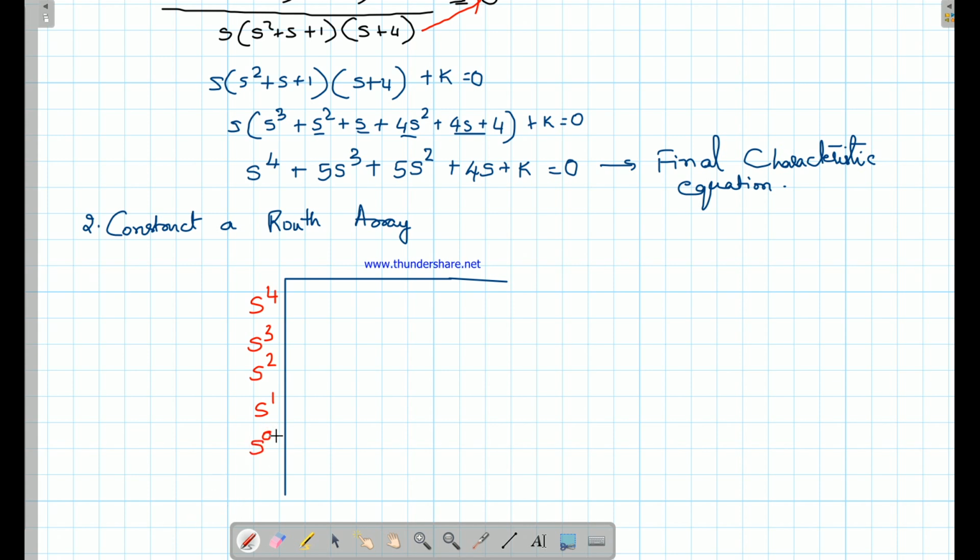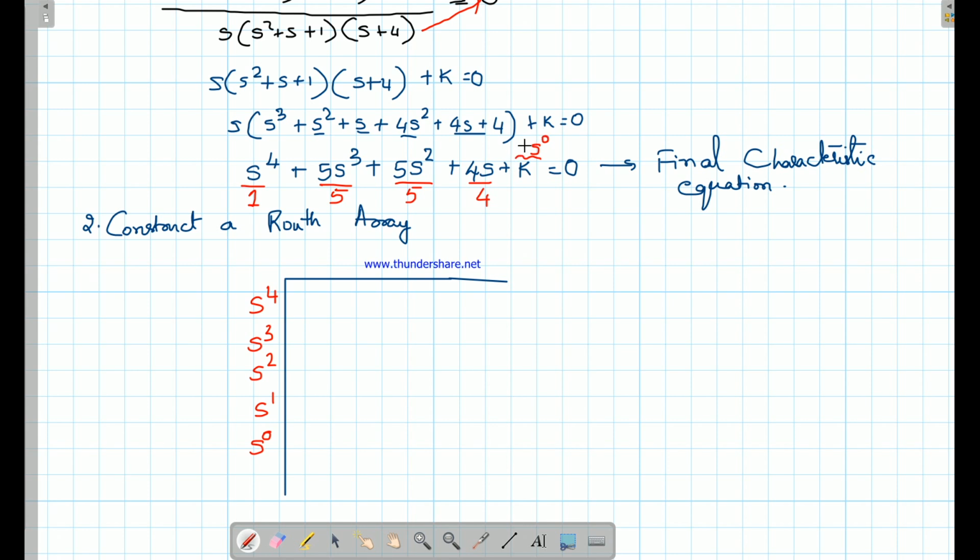Now when I am writing the coefficients, we need to take the coefficients of each s power term here. The coefficient of s power 4 is 1, the coefficient of 5 s cube is 5, the coefficient of 5 s square is 5, the coefficient of 4s is 4, and when there is no s term, it means that it is multiplied with s power 0.